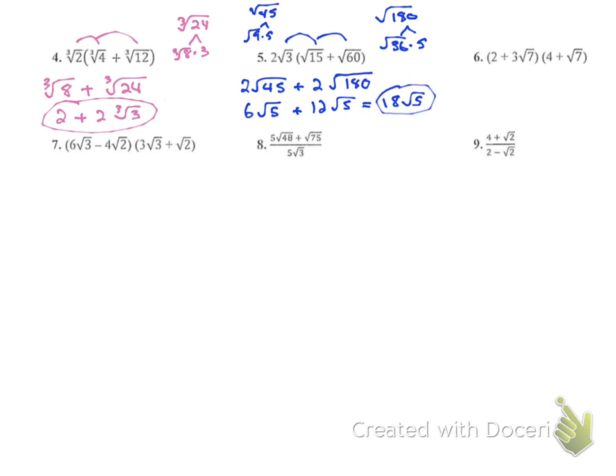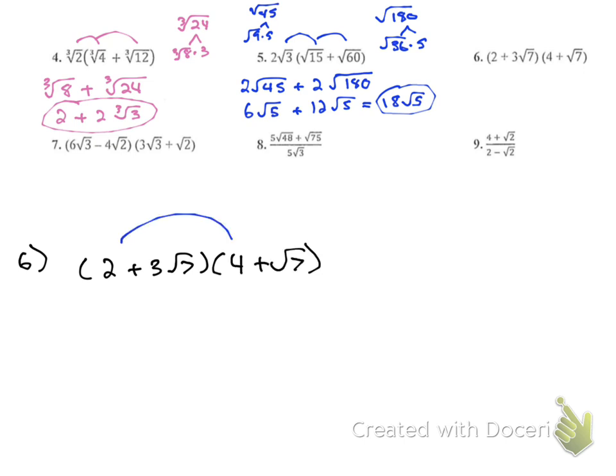All right, number 6. I'm gonna do 6 right here for space purposes. Got 2 plus 3 square root of 7 times 4 plus square root of 7.